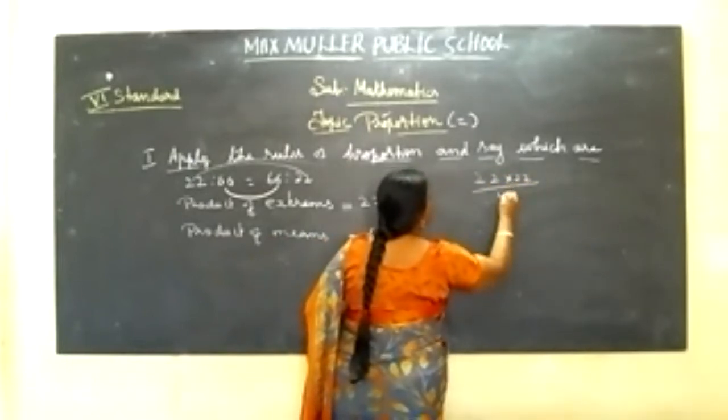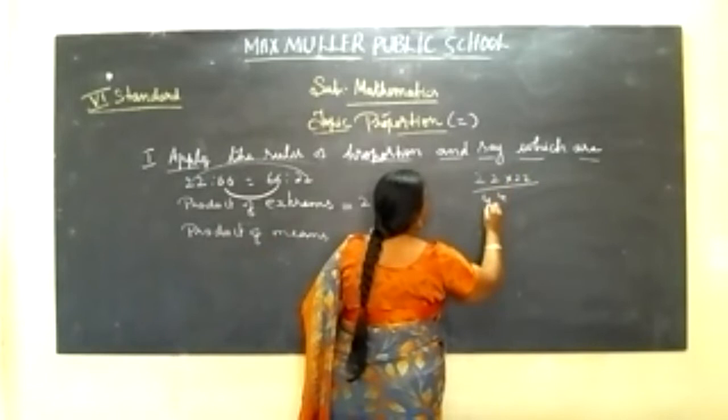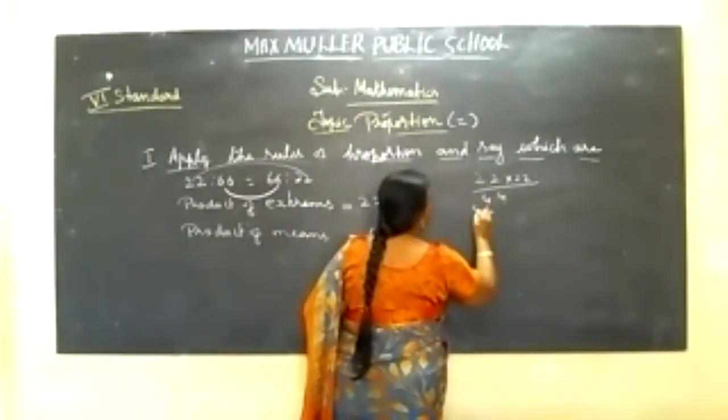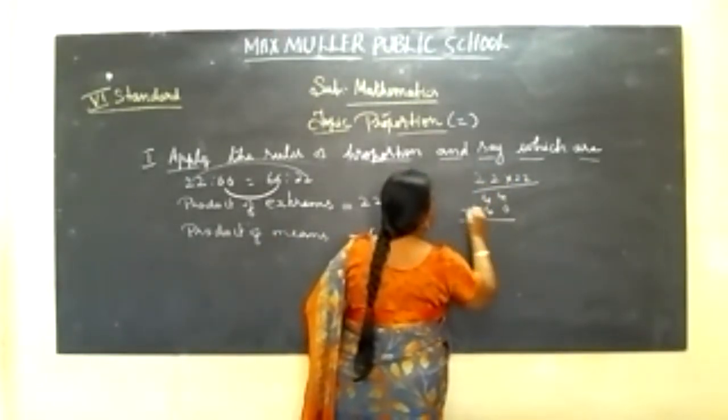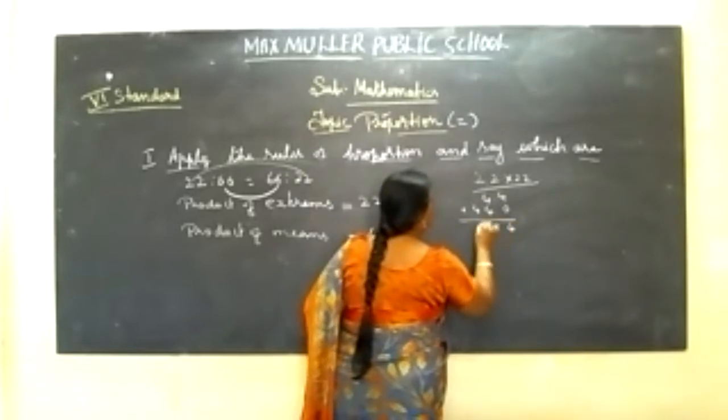So we'll multiply 22 into 22. 2 2s are 4, 2 2s are 4, 2 2s are 4, 2 2s are 4. So now what we got? 484.